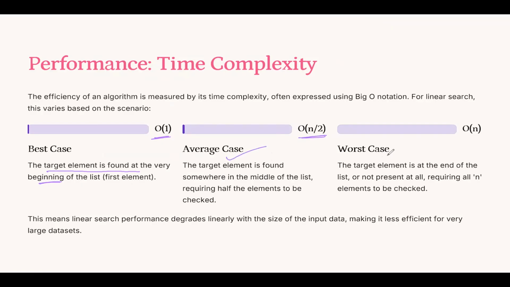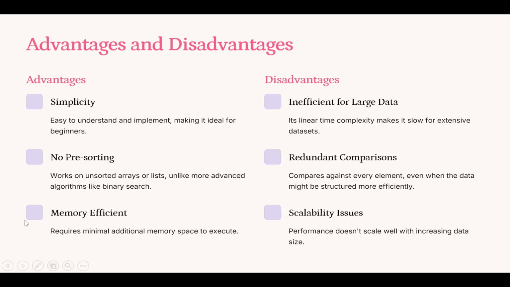But if the element is either found at the last or the element is not found, of course, we will iterate through all the elements. Only once we reach the last element, we will know that the element is not found. So that condition is called the worst case. So that is nothing but order of n. So that is the performance, the time complexity of a linear search.